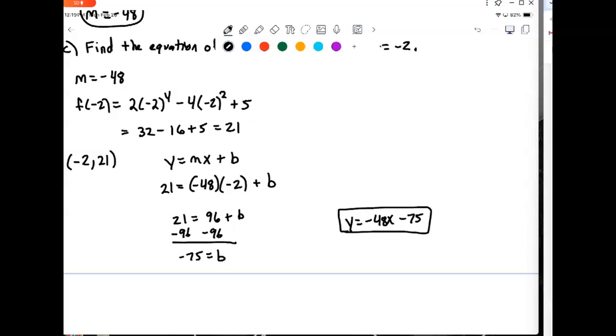So now we have the equation of our tangent line. And this problem goes and adds one more part to it, as if we haven't done enough yet. We found the slope of the tangent line. We've now found the equation of the tangent line.